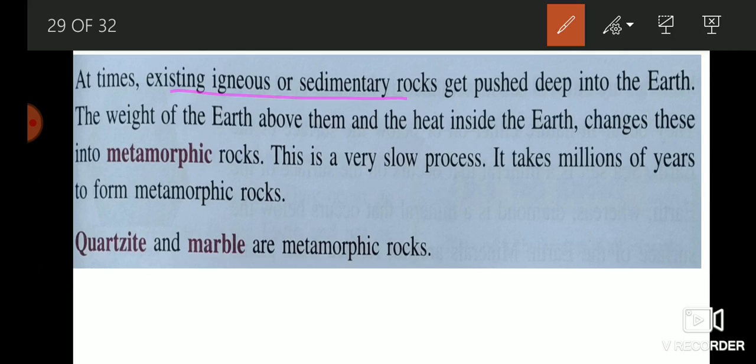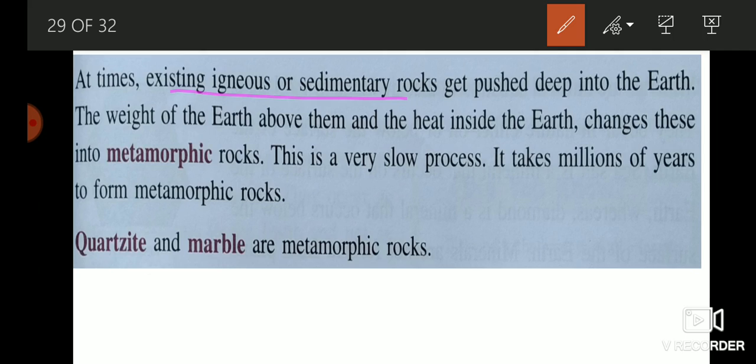Sometimes natural calamities occur in our environment on the earth surface. Some natural calamities we observe every time, like an earthquake. For example, what happens during an earthquake?